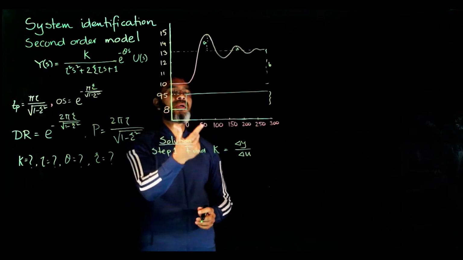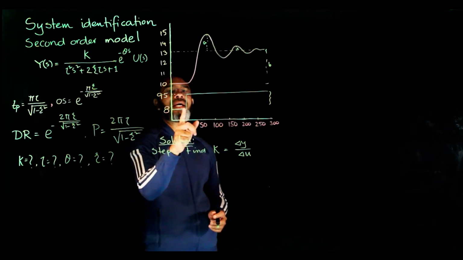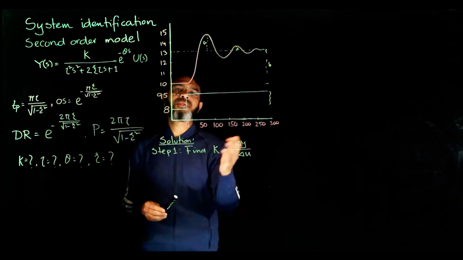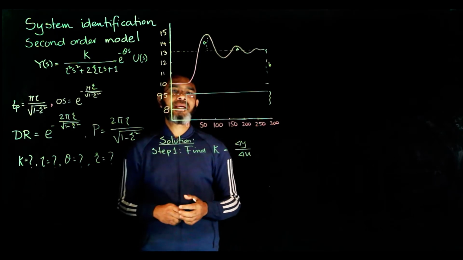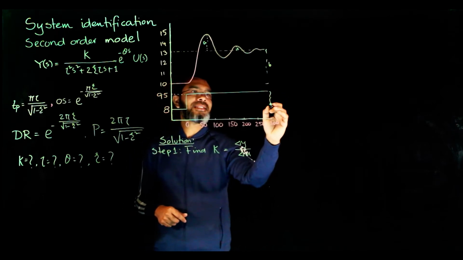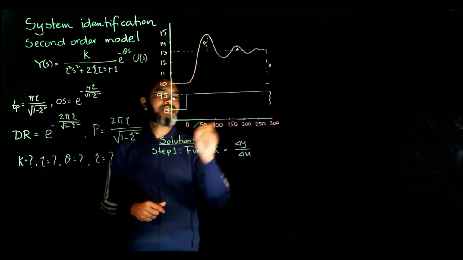Now you see, before going to that, the time scale here, you can see that we have a value of 0, meaning it is scaled from 0, so we don't need to change the scale. Here we see the size of the step. What is delta u?